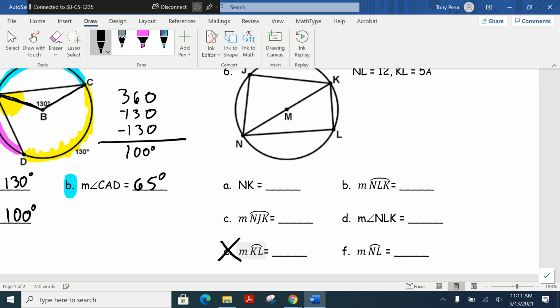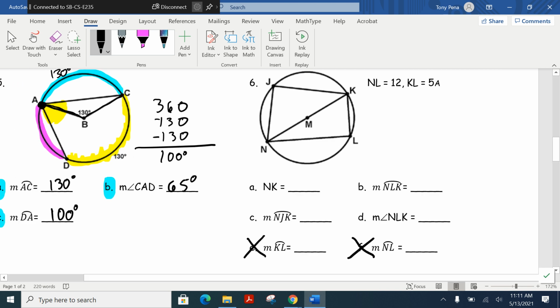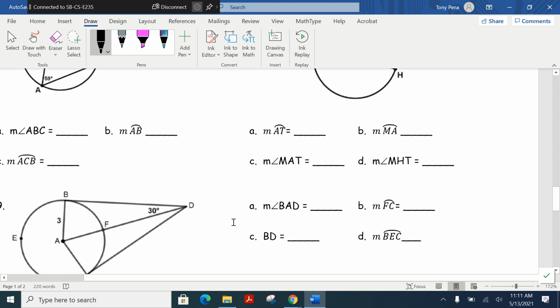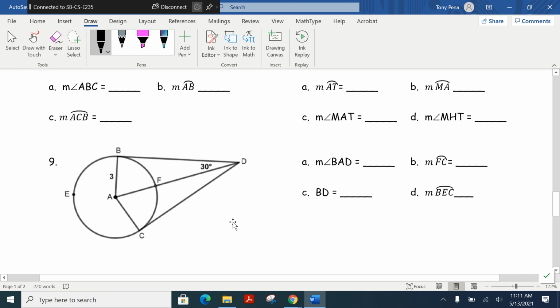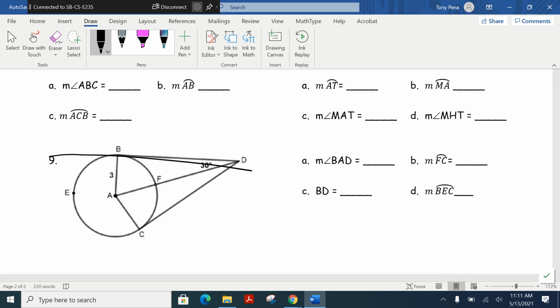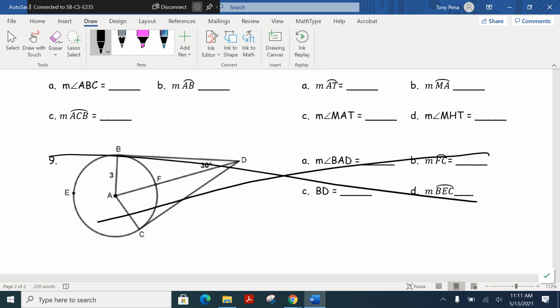Don't worry about E and F in number 6, so cross that out. And then go to number 9, and cross that entire bad boy out, so any problem affiliated with number 9. The rest is your homework. We've already done half of that, so do what you can.